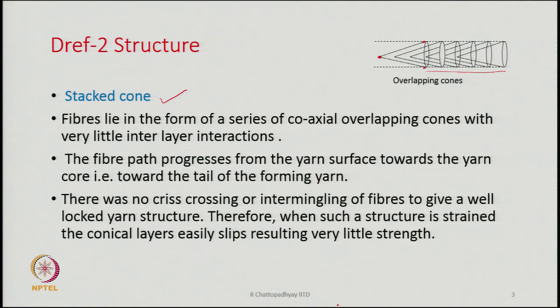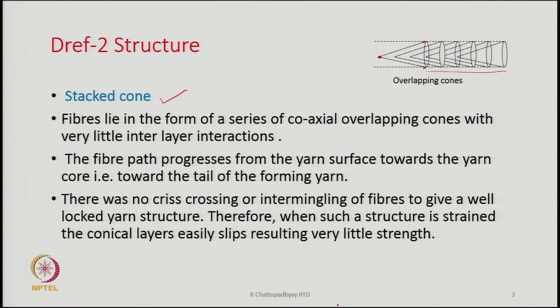If fiber slippage is the primary mode of yarn failure, that basically means there is an absence of interlocking between the fibers. If the interlocking is not there, there cannot be gripping action between the fibers.